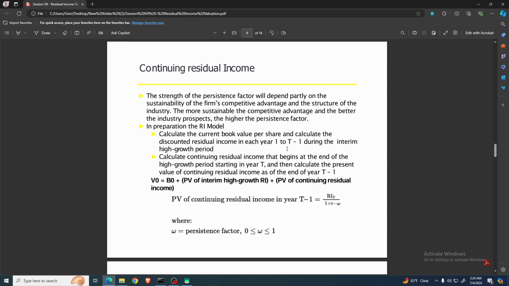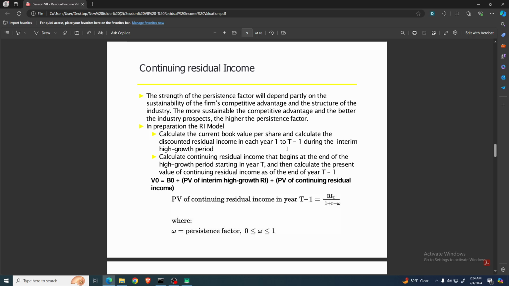And finally, we have another important concept, which is the persistence factor. The rate at which residual income is expected to fade over the life cycle of the firm is captured by this persistence factor, which ranges between 0 and 1. So you have two types of persistence factors actually.